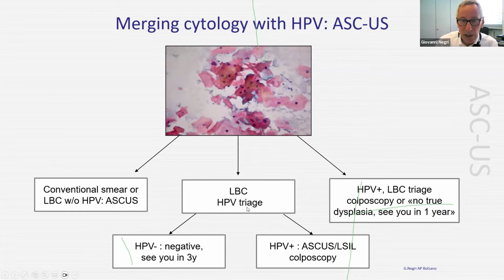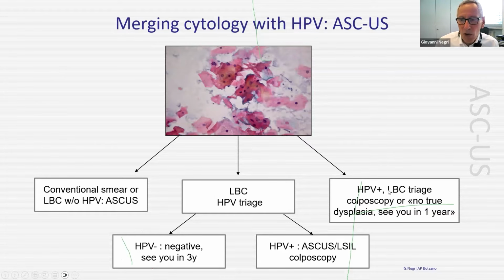If you can do HPV triage and your HPV is negative, you're probably going to call it negative and tell the woman, see you typically in 3 years. If you have an HPV positive test, you can call it ASCUS, you can even call it low-grade, because the positive predictive value of an HPV positive ASCUS is the same as in low-grade. So you could theoretically upgrade this case to low-grade, anyway referring the woman to colposcopy.